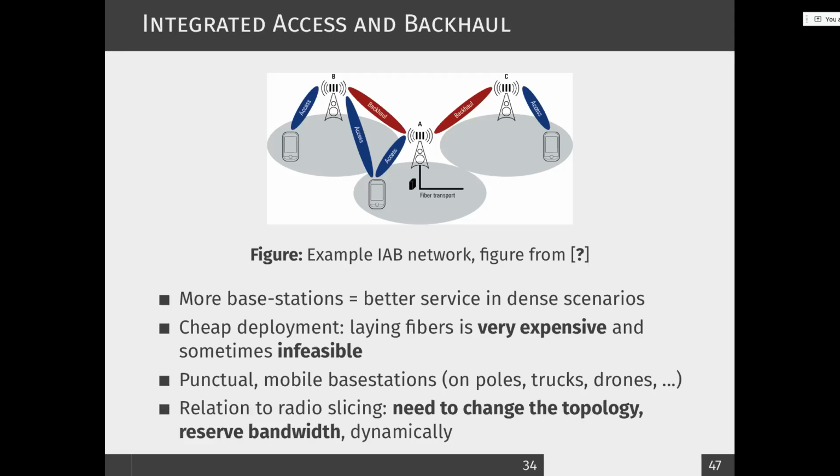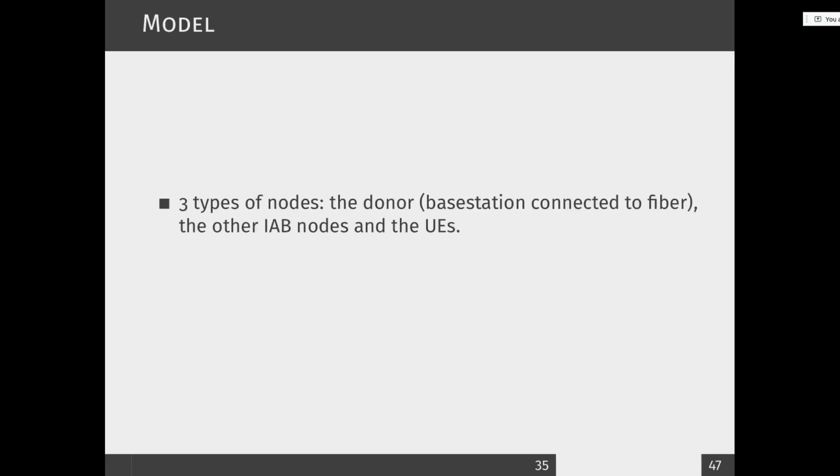There's a lot of things going on here because you can change the topology dynamically, you can reserve bandwidth in advance, you can shut down nodes and turn them on when you just need them, which is what I'm mostly interested in, because it means you can save energy depending on the current demand.